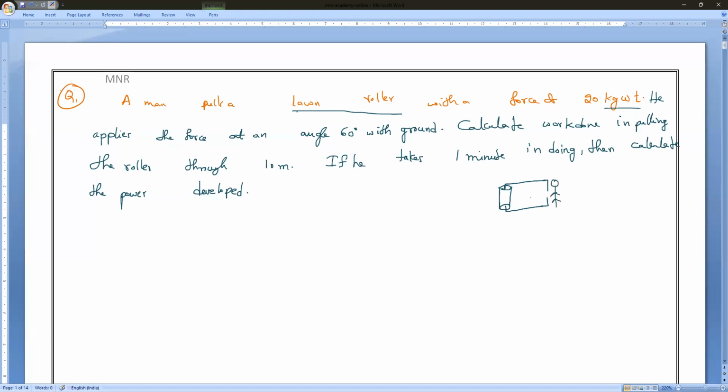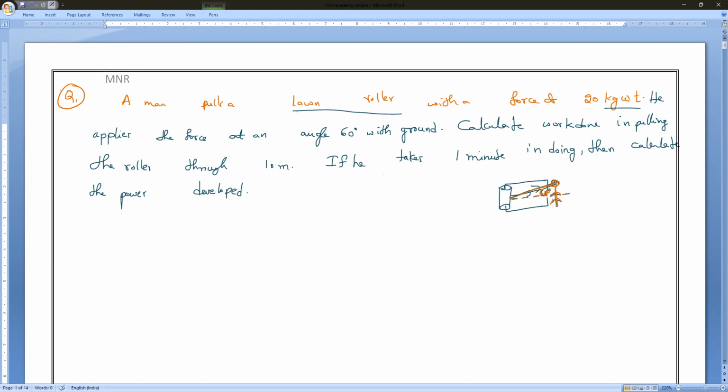So there is a person who is pulling it. With what angle? With respect to the ground, he is applying the force at 60 degrees. For leveling the ground, cricket ground and all, we will use the stone.